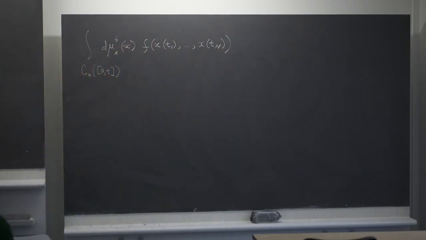So I'm taking, again, a function of some finite number of values. Those values will be the values of my path at the points t_1 through t_n.